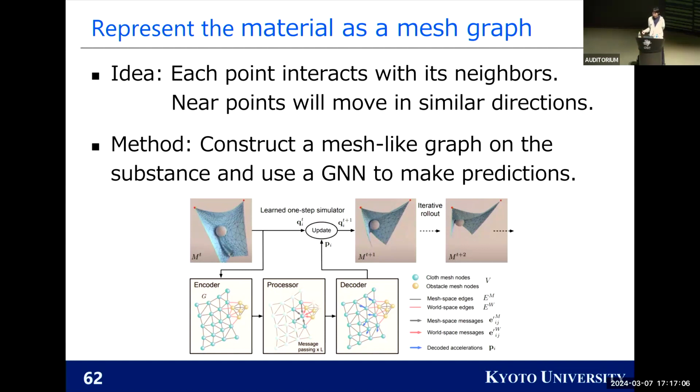And by doing so, we can predict the state of the next time step. And we iterate this process by feeding the result back to the graph network again and predicting the next time step and the next, in an autoregressive way. And we can predict the future states of the material.